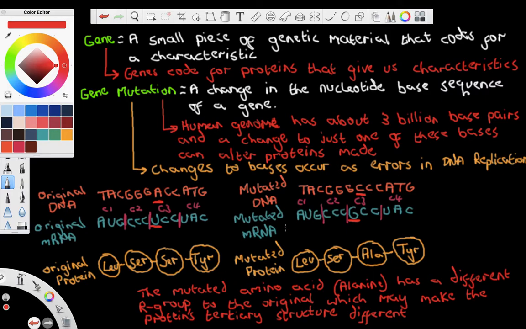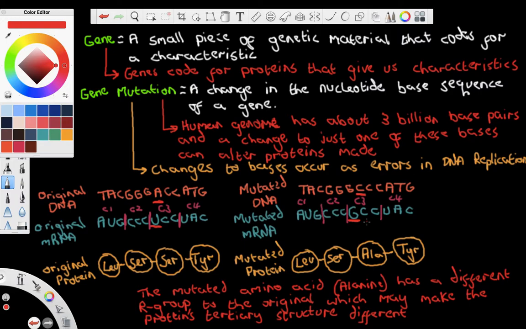Instead, in the mutated one, we've now got leucine, serine, alanine, and tyrosine. This would mean that there is a different R group attached to this amino acid, and therefore the protein chain or the primary structure of the protein will be different, which may lead to a change in the tertiary structure of the protein.